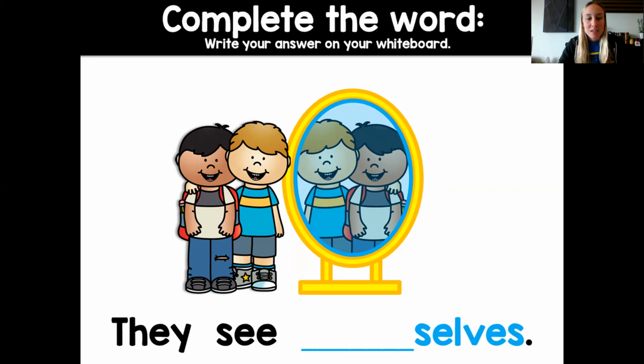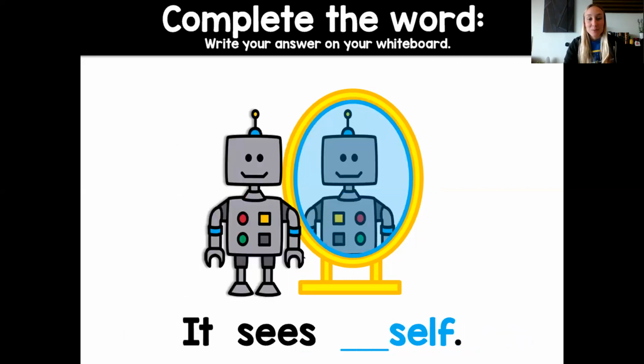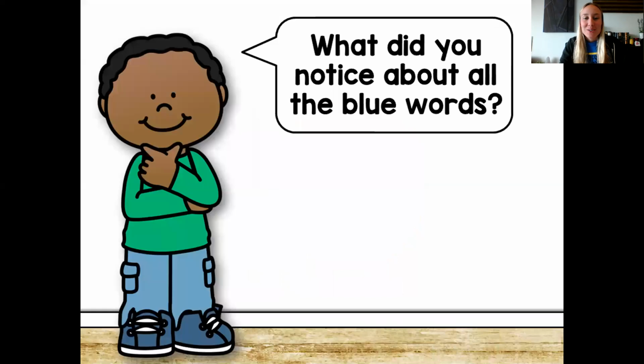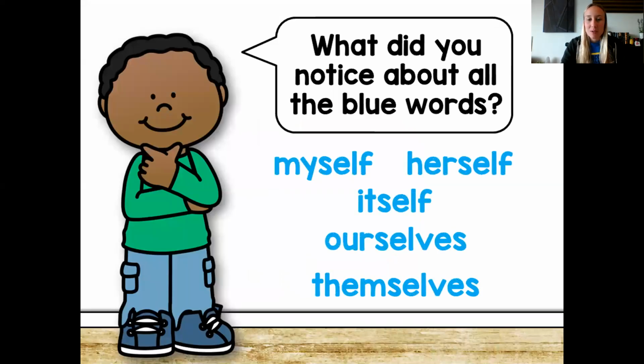They will see, did you say themselves? Hopefully you did. And the last one, everybody has a robot at home, right? So when your robot looks in the mirror, I almost gave it away. It sees itself.